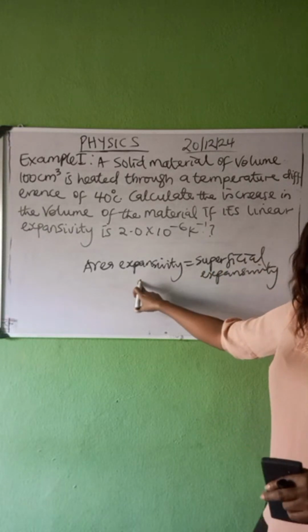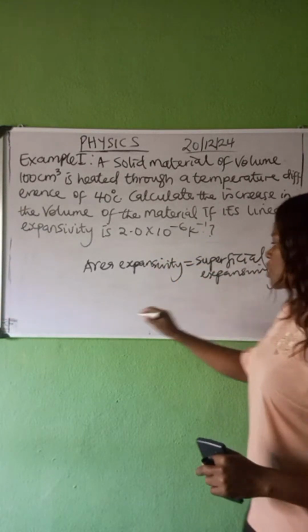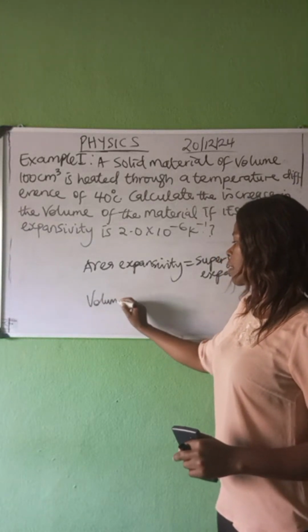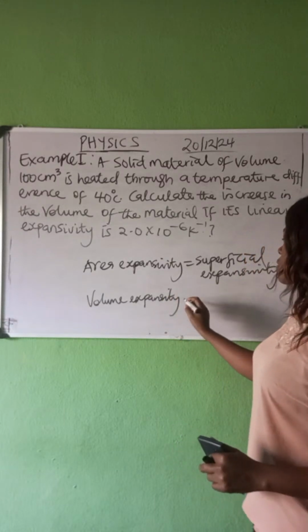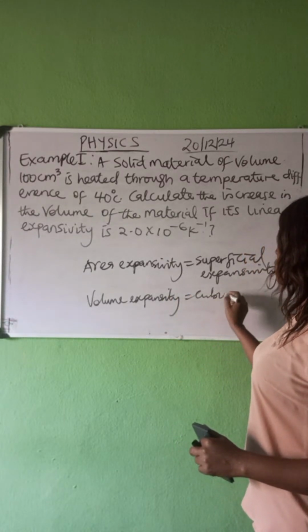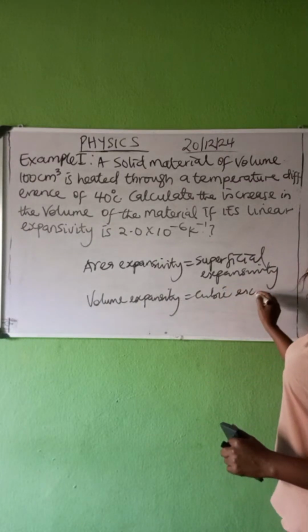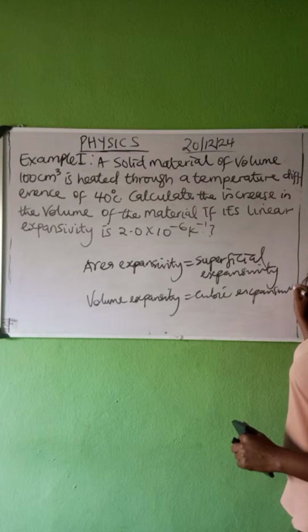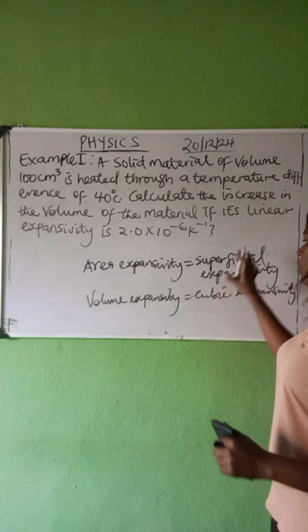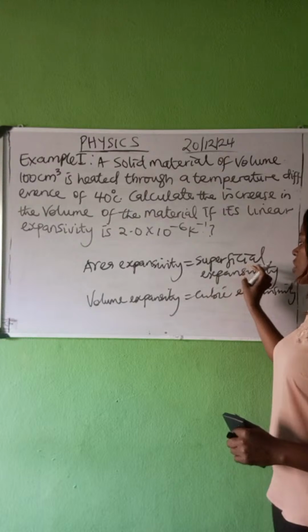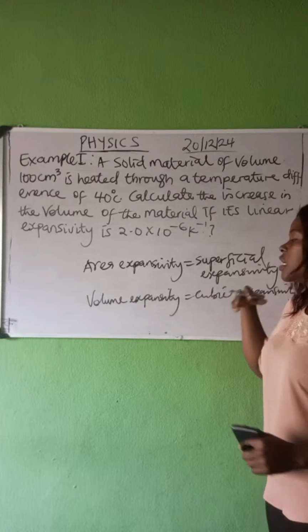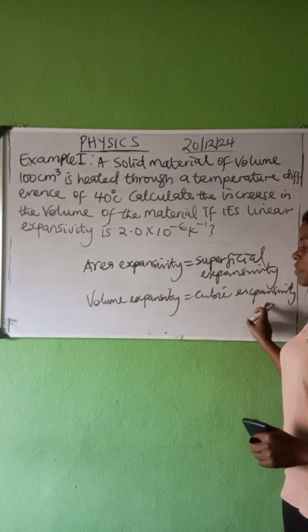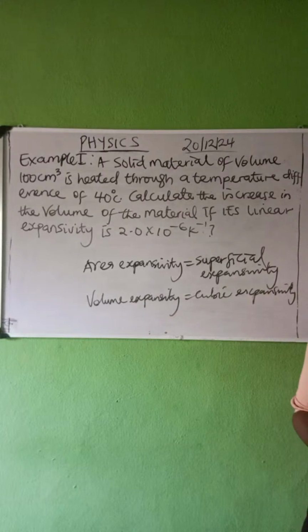If they don't call it area expansivity, they call it superficial expansivity. Whereas volume expansivity is known as cubic expansivity. Do you understand? So you must know these things. If they say calculate the superficial expansivity, calculate the area expansivity. If they say you should calculate the cubic expansivity, it means calculate the volume expansivity. Is that clear? All right, let's continue with our solving.